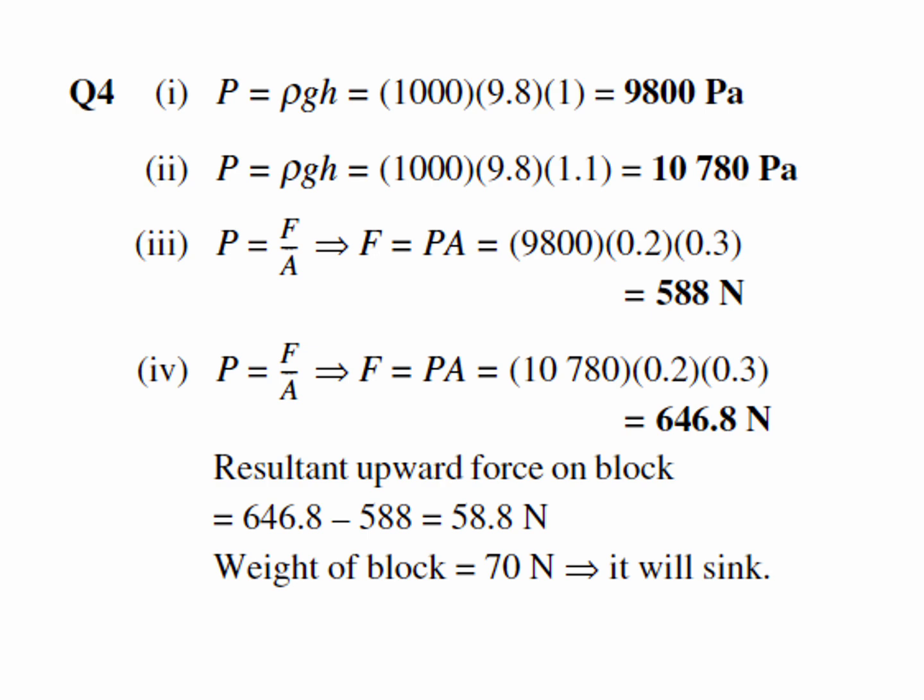We then can see if the block is going to float or sink. So they told us in the final part of the question the weight of the block acting downwards being 70 newtons. So that is greater than the upward force of 58.8. So the weight will be more and it will act downwards and your block will sink.